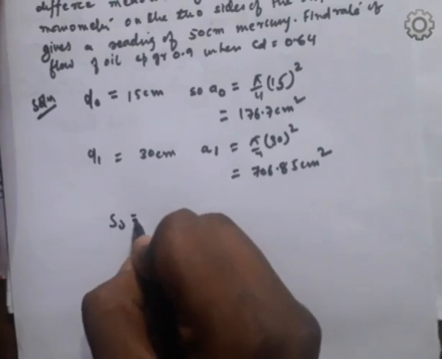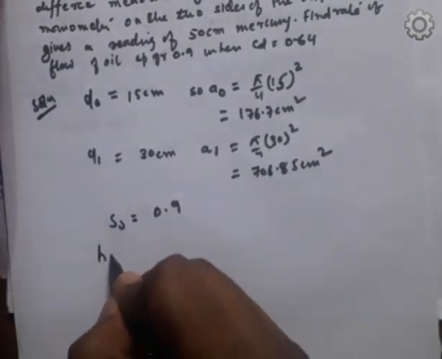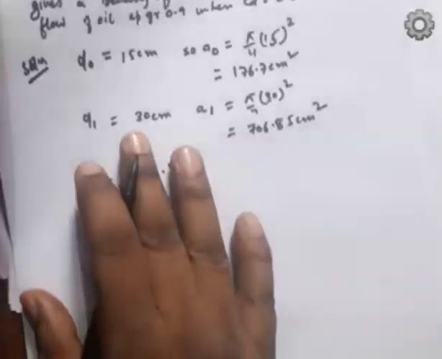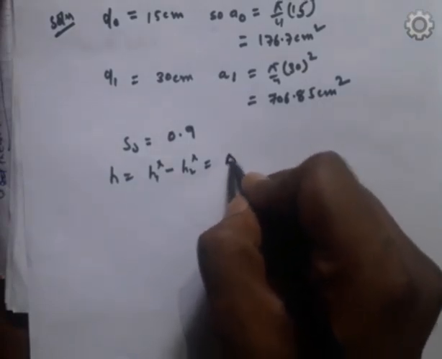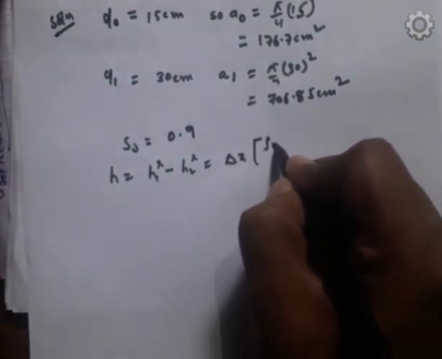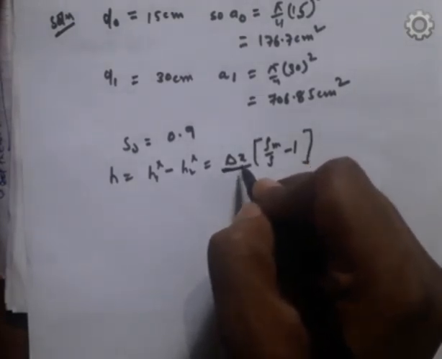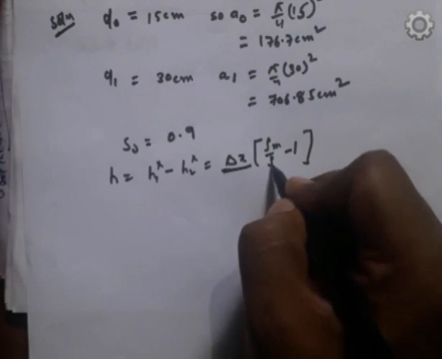S oil is given as 0.9, and we know that the differential head, H1 star minus H2 star, is del X into rho m by rho minus 1, where del X is the manometric deflection, rho m is the manometric fluid density, and rho is the density of the fluid flowing through the pipe.